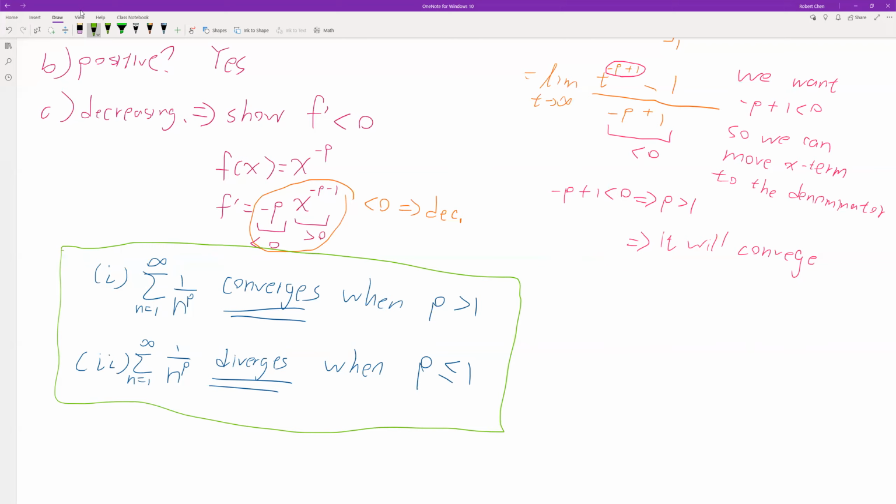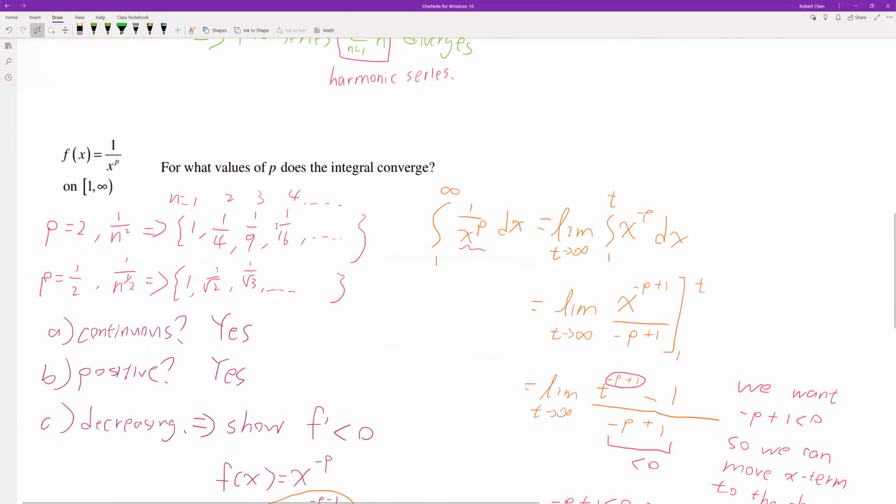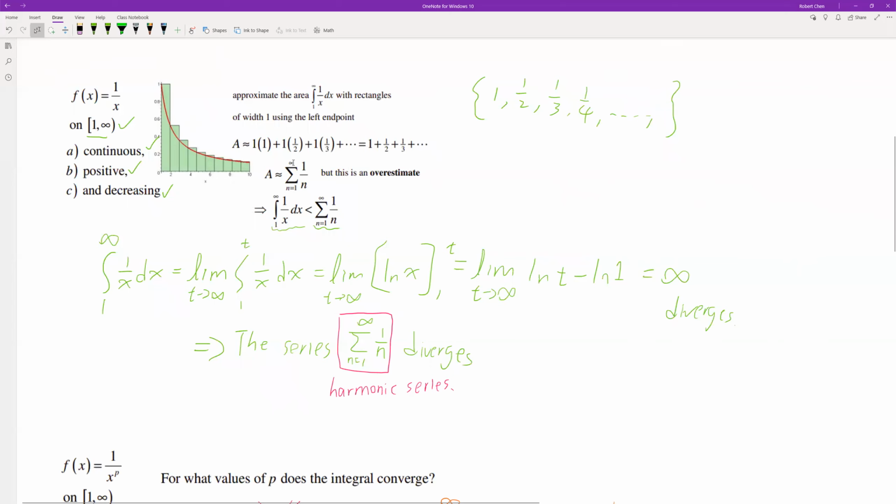Now, if p is less than or equal to 1, then it will diverge. If p is equal to 1, you have 1 over n, which is what we had earlier, and we have shown that it diverges. And when p is equal to 1, that's the harmonic series.